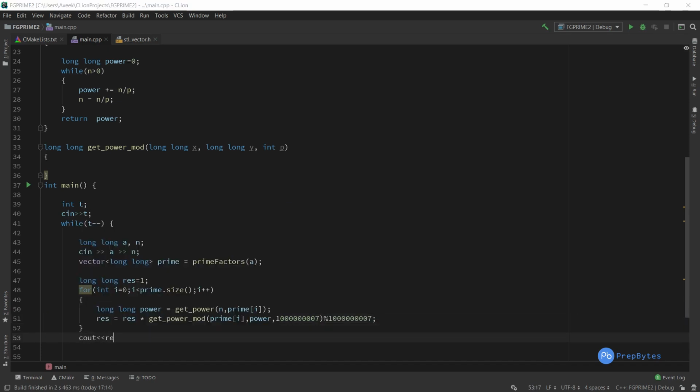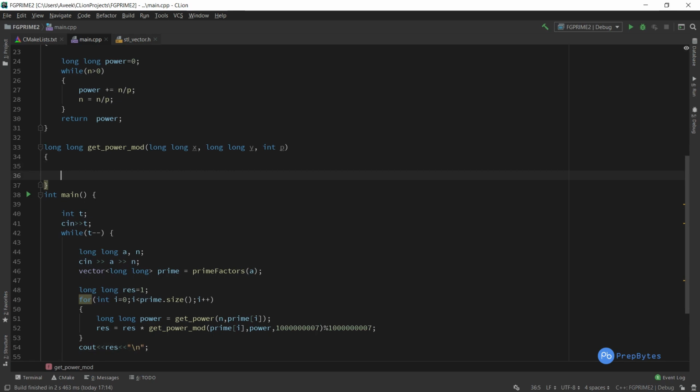Now we need to implement this function, getPowerMod. This is the modular arithmetic part. What we do in that is x to the power of y mod p. You can also find this easily on the internet, so I'm just going to write this function down now. So long result equals 1. Fine.